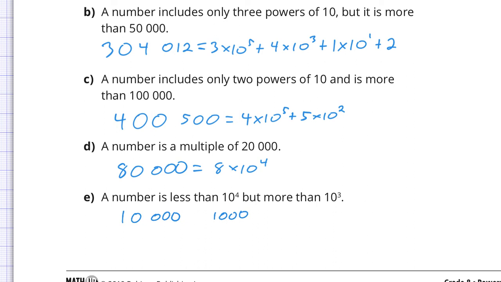Well, there's plenty of numbers that I can choose. I'll choose 7,053, which is 7 times 10 to the power of 3 plus 5 times 10 to the power of 1 plus 3. There we go. Let's move to the next page.